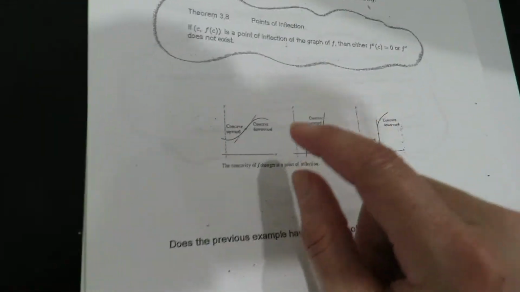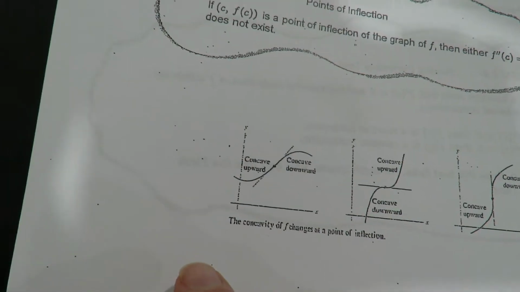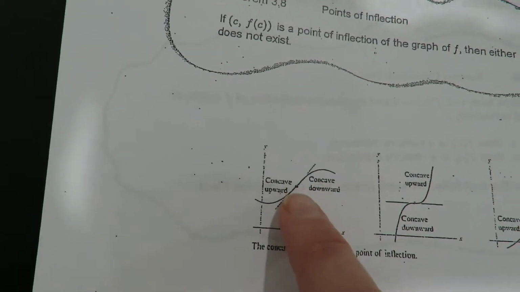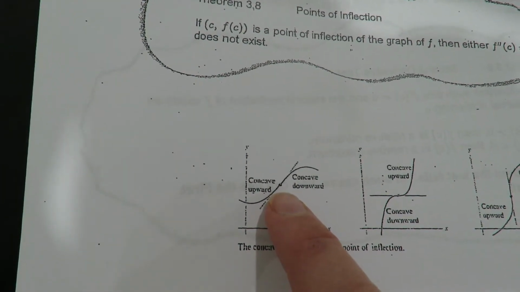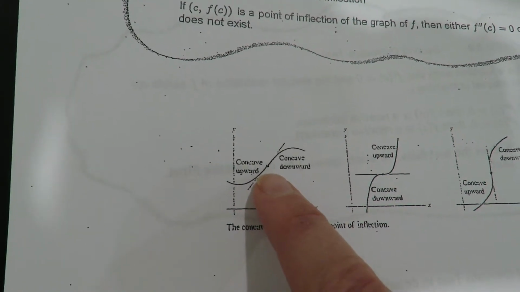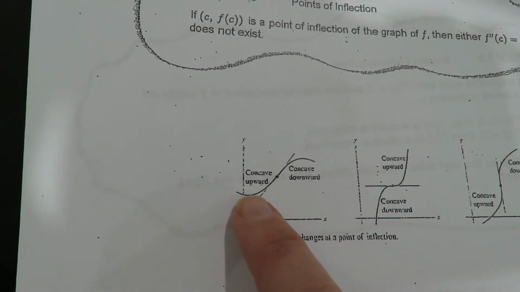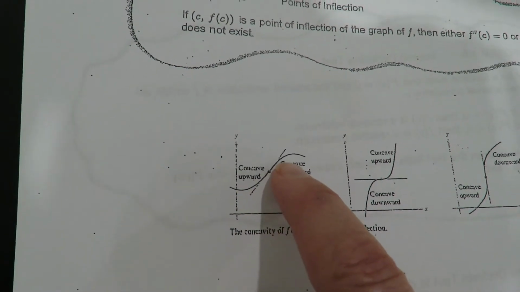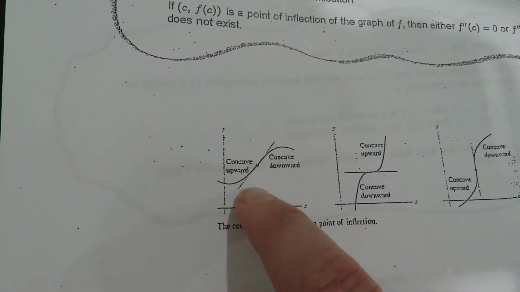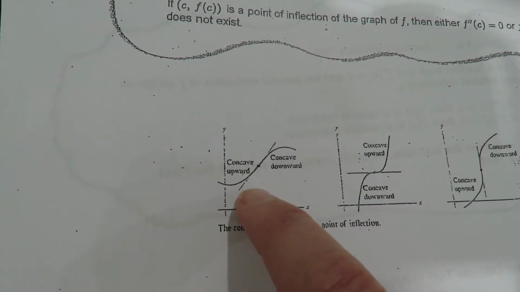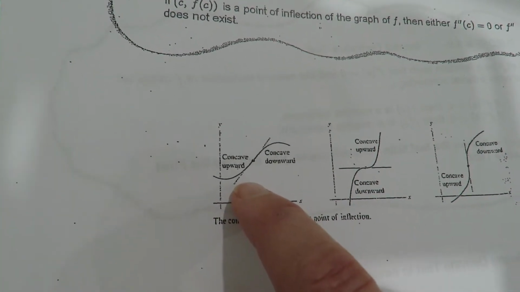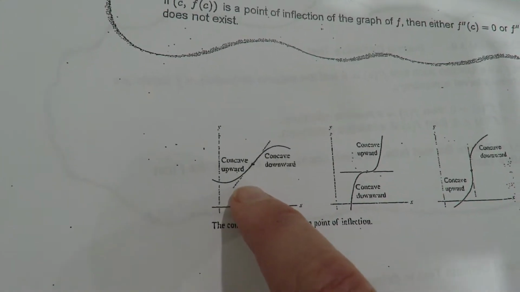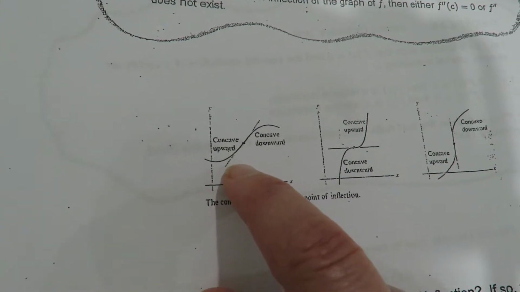And just to give you a sense of the significance of this, this would be a popular thing that business models would look at, because at the point of inflection the slopes are still increasing, but at the moment of the inflection the rate of the slopes increasing is slowing down.